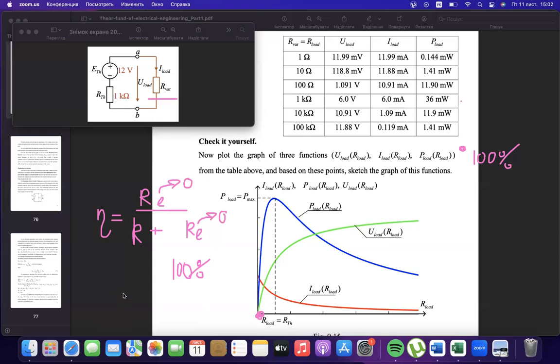And the efficiency curve will be a line, an efficiency line from 0% to 100%. And the point of maximum power will be 50% efficiency, because we simultaneously heat the consumer and the source, and this heating is equal.